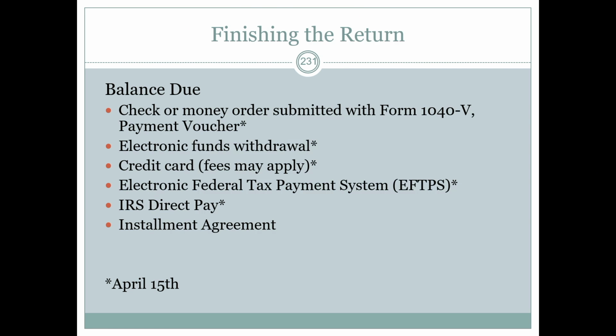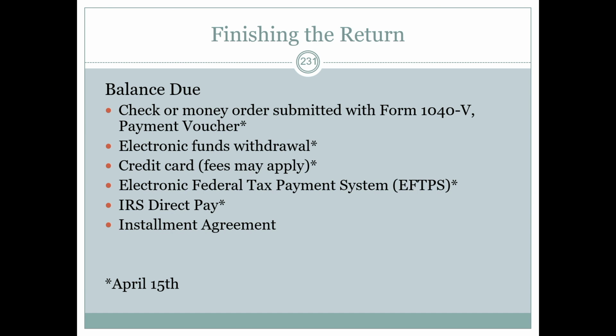Then another option is the electronic federal tax payment system. This is typically not an option that most of our tax clients use, but it's still an option where the tax client would have to create an account to submit their payments. The other one is the IRS Direct Pay, found on the irs.gov website.